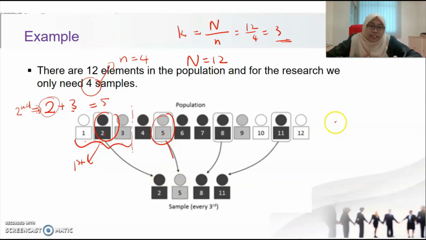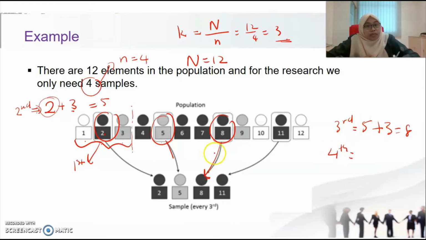As for the third sample, previously my sample is number 5 and the k is 3, so 5 plus 3 is 8. So number 8 is my third sample. And for my last sample, sample number 4, the third sample is number 8 and the interval k is 3, so number 11 will be my last sample.